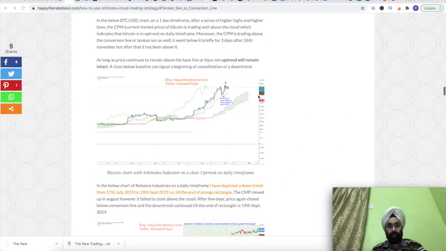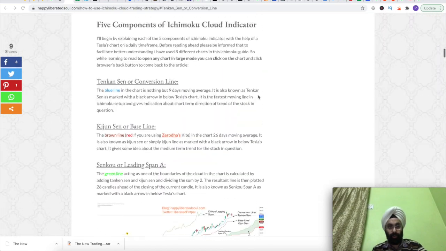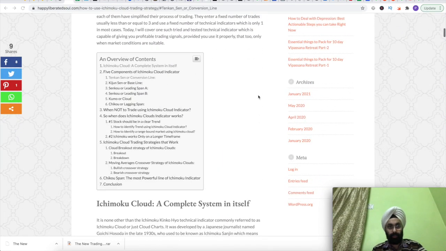So if I go through all the sections of the article, it has about 6 to 7 sections, beginning with the introduction to Ichimoku, a complete system in itself. Then its components.